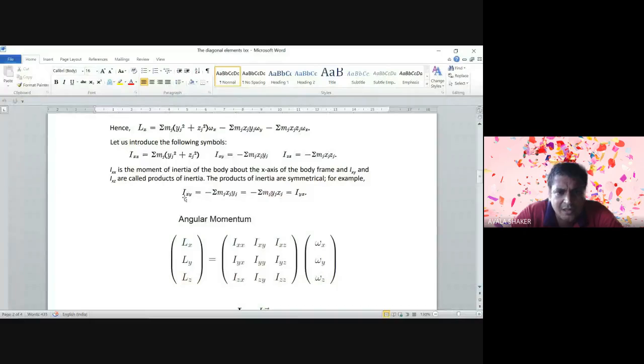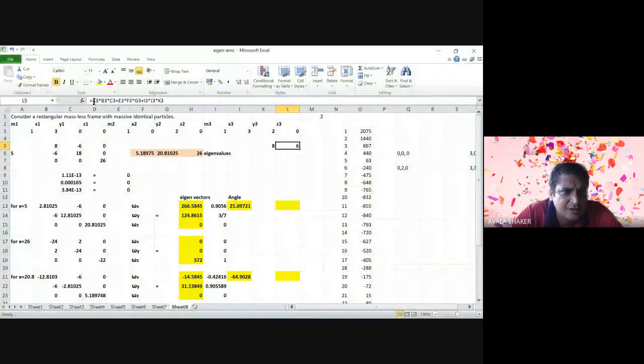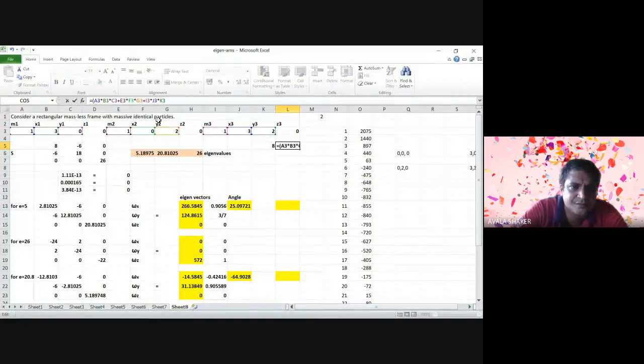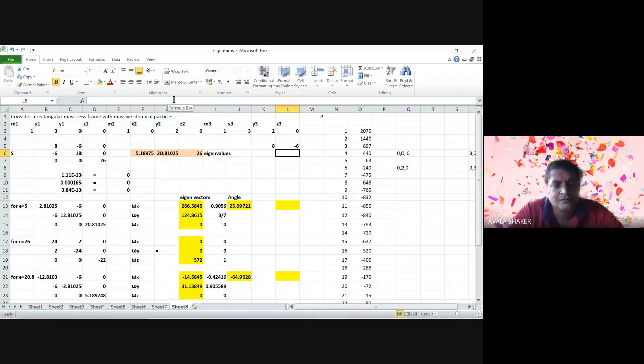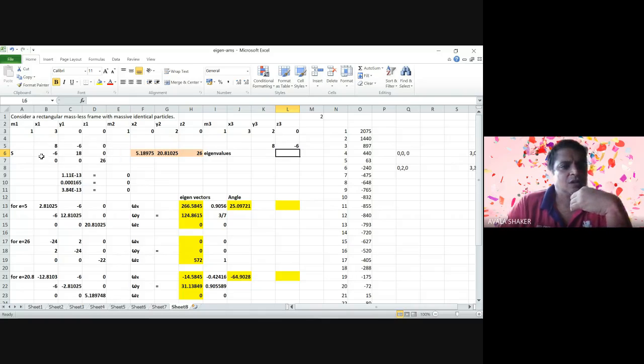So your Ixy is minus the summation of all this. That's why you put this minus sign here. So that's how you can calculate this moment of inertia tensor.